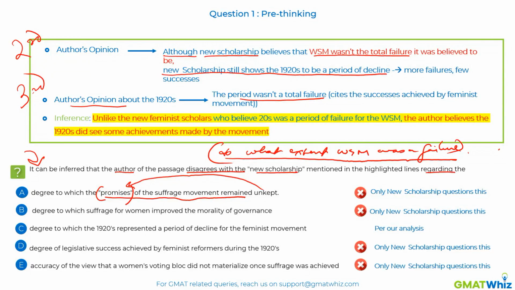The author had no opinion to offer for these points. The author only had an opinion about was it a total decline or was it not a total decline. All right. So it's the degree to which it represented a period of decline. And that is why this is the correct answer.